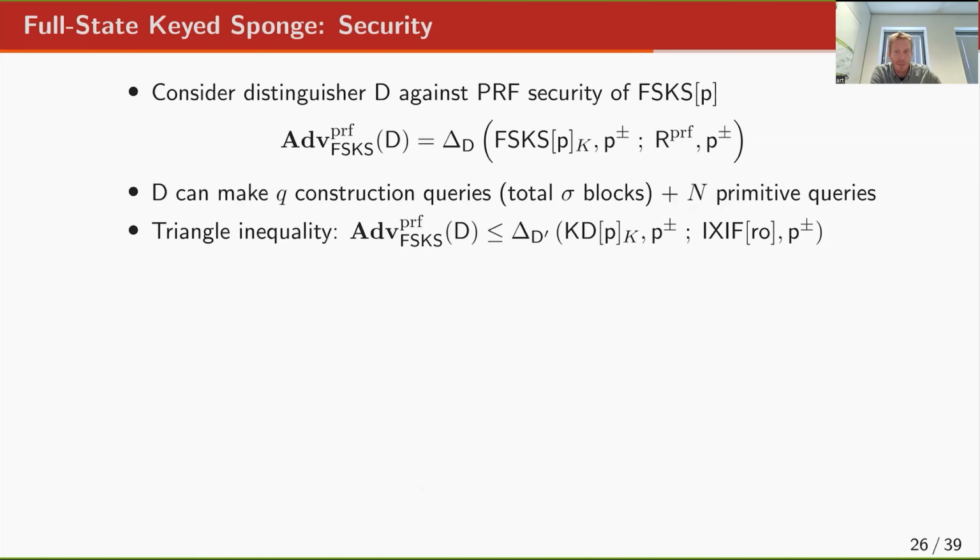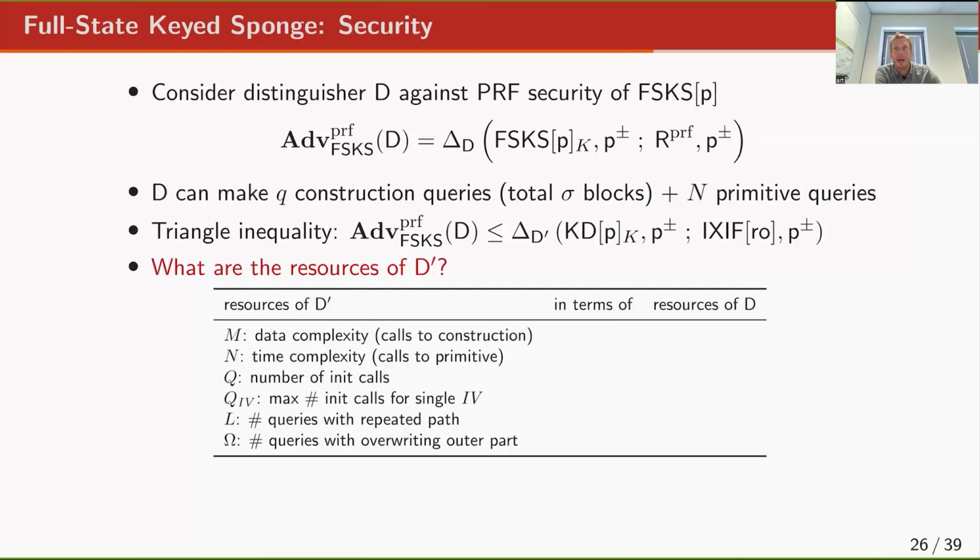And again, we have to map the complexities of D to the complexities of D prime. Q is Q, N is N, M is sigma, and QIV is 1 because we look at the single user setting. But now the attacker can repeat a path.